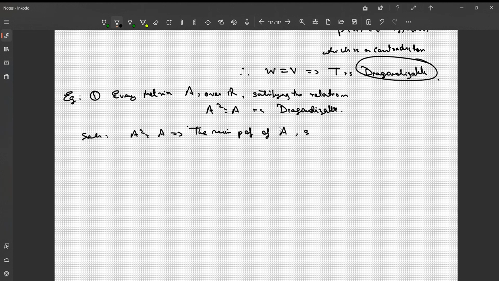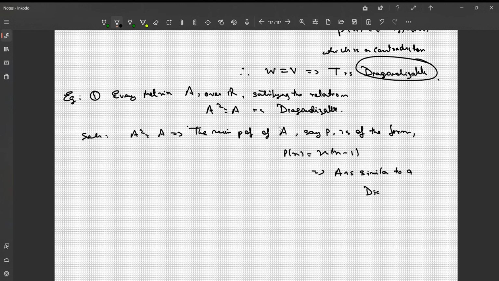So what is the solution to this? Now, if A squared equals A, then that implies the minimal polynomial of A, say P, is of the form P(x) equals x times (x minus 1), right?